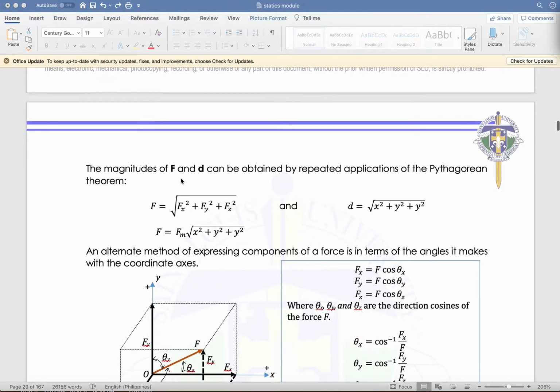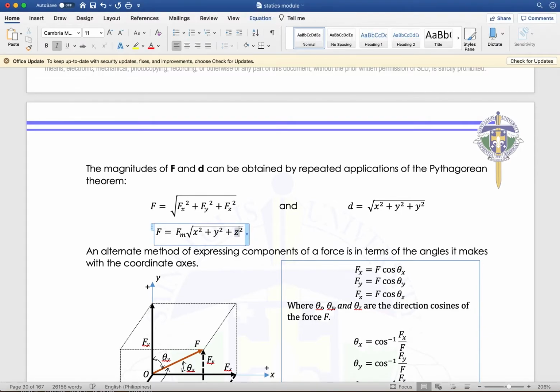For the magnitude of F, it is simply the square root of fx squared plus fy squared plus fz squared. Now if we have coordinates and we are given the force multiplier, then the force is equivalent to the force multiplier times the square root of x squared plus y squared plus z squared.